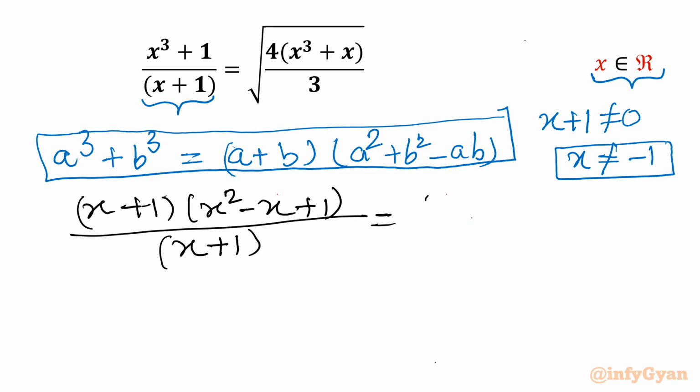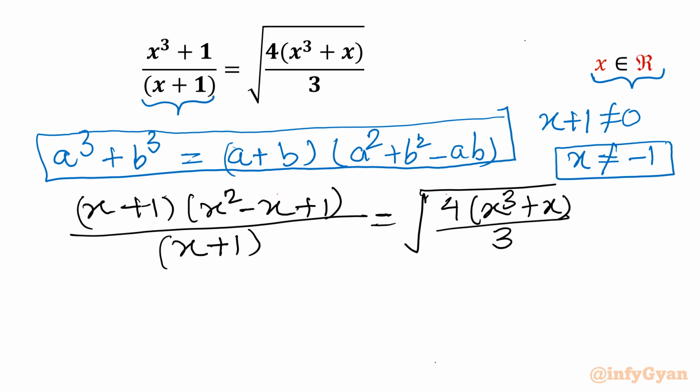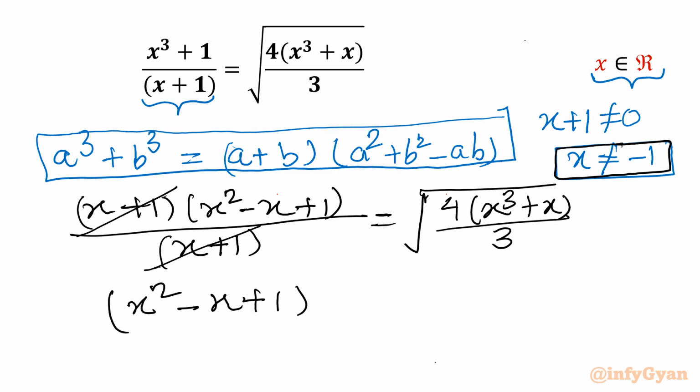Right hand side it would be square root of (4 times x cube plus x) over 3. Now as x is not equal to negative 1, we can cancel these two brackets. Now it is left with x square minus x plus 1 in LHS. In RHS it is square root of (4 times x cube plus x) over 3.